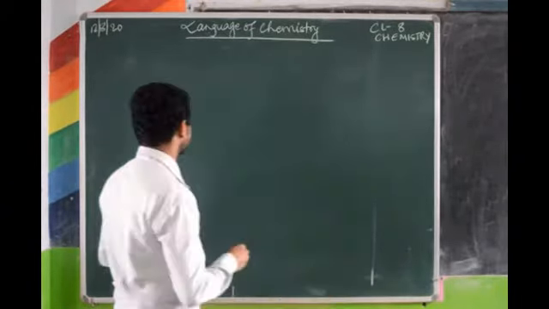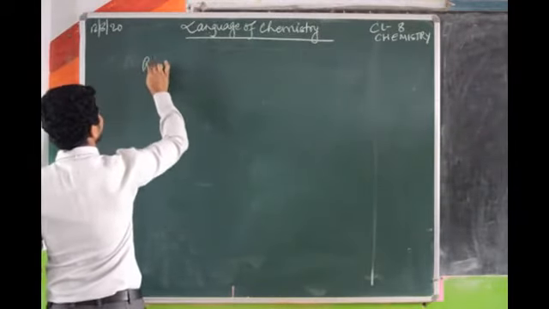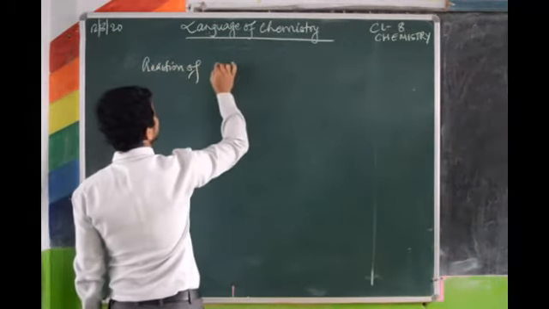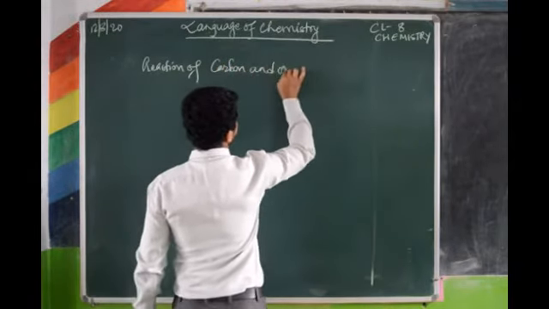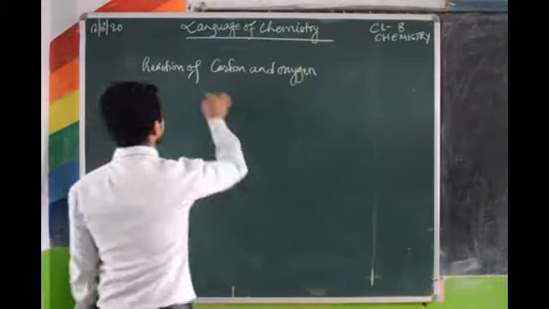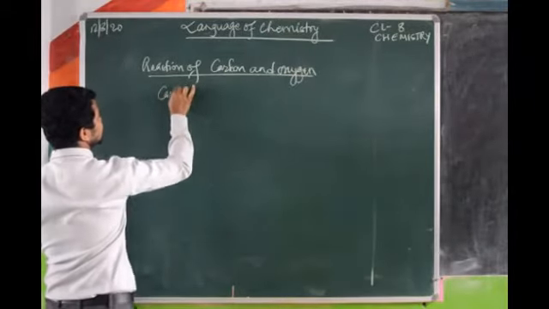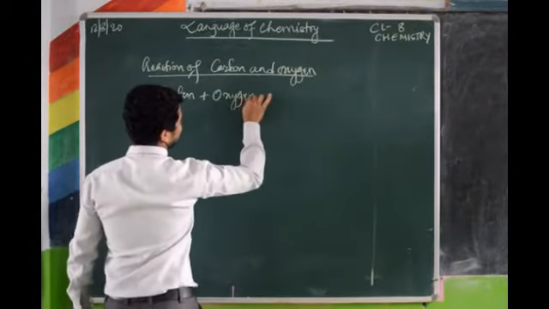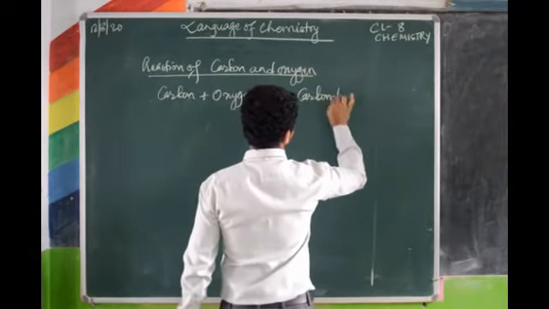So in that, if we have to write the reaction of carbon and oxygen, then we are supposed to write carbon plus oxygen gives carbon dioxide.